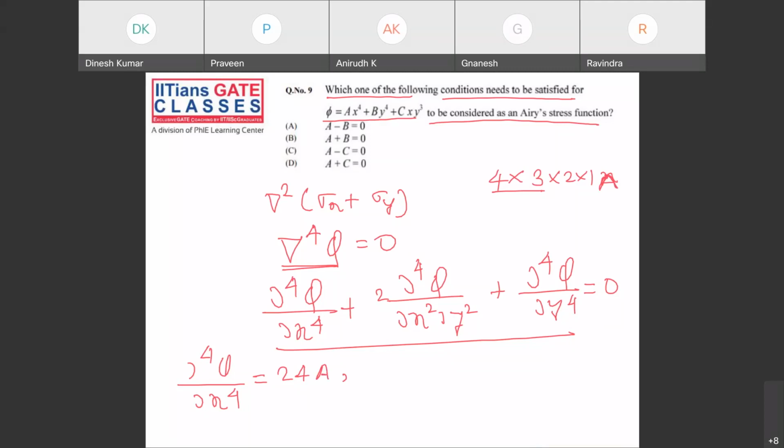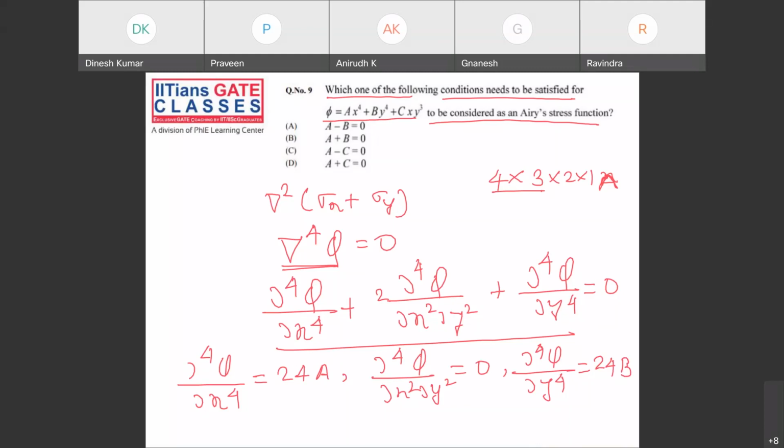Then the second term, dou power 4 phi dou x square dou y square, will come as 0. And the third term, dou power 4 phi upon dou y power 4, will come as 24b.